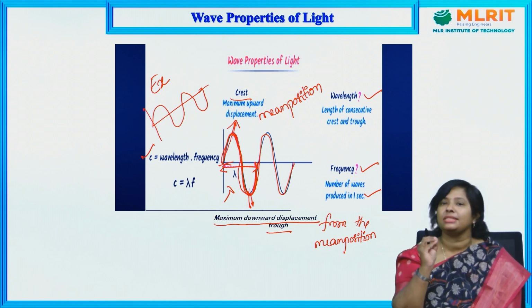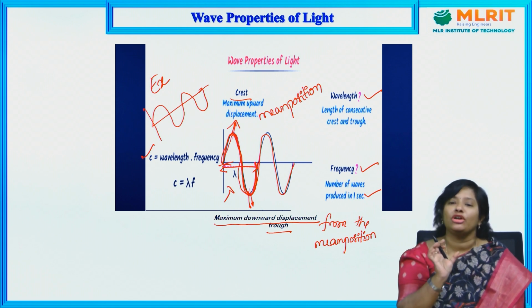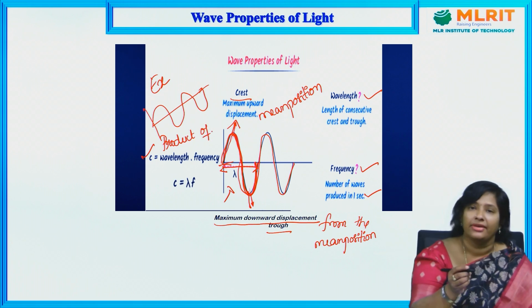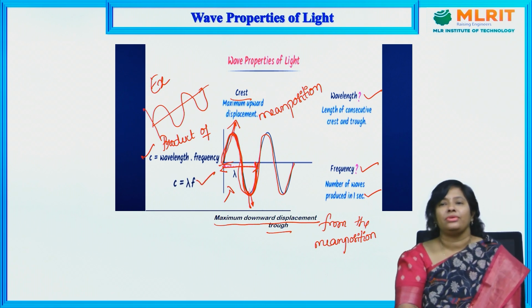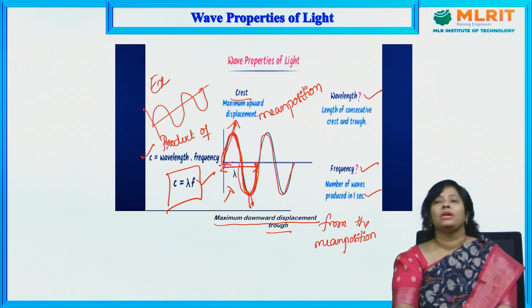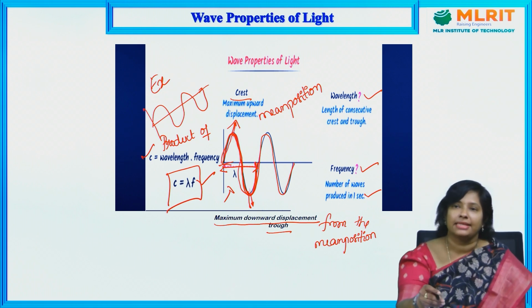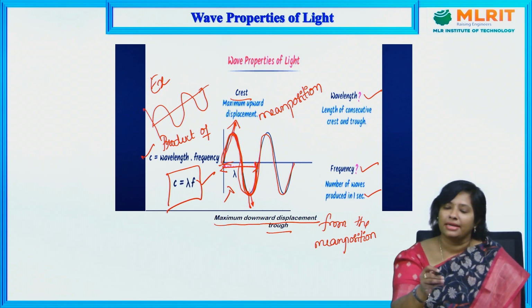Now, from these two, how can we find the speed of a light wave? The speed of a light wave is the product of wavelength and frequency, which is represented as c = λ × f. Please remember the equation: c = λ f. These were discovered and explained by Albert Einstein.